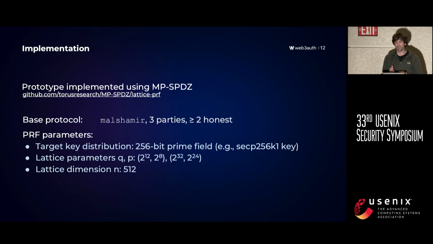The target key distribution is a 256-bit prime field, like an ECDSA key, you could think. For the lattice parameters, we have 2 parameter sets. One optimizes for round complexity, the other optimizes a bit more for communication complexity. And we fixed the lattice dimension to 512, which should give you a security level of about 128 bits. We didn't do the analysis of this ourselves; we took it from an existing paper that evaluated the parameters in this setting.